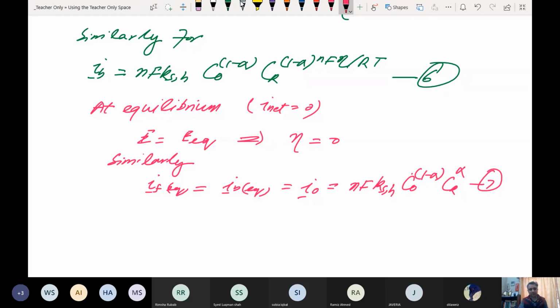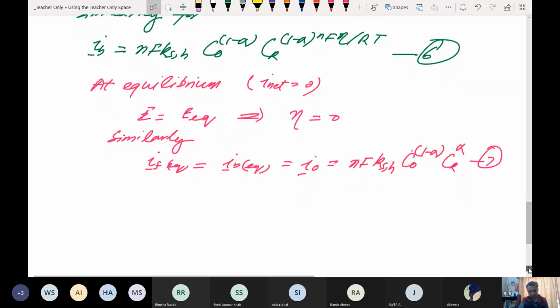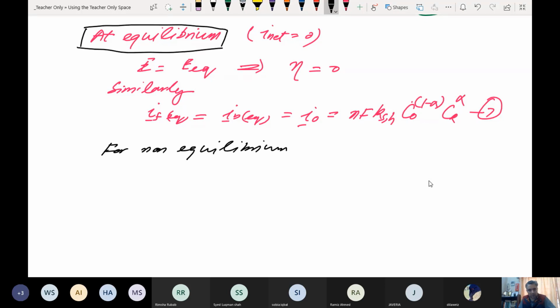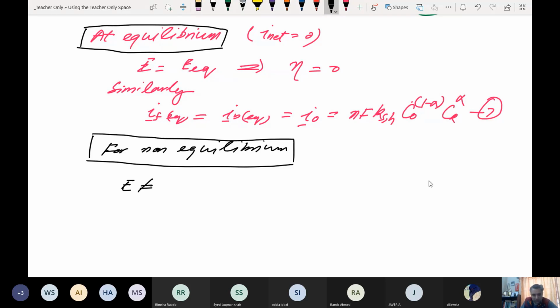If we are looking at a non-equilibrium situation, then for non-equilibrium we have a different thing. So this was at equilibrium, now we are looking at non-equilibrium. So for non-equilibrium we have E is not equal to E equilibrium.